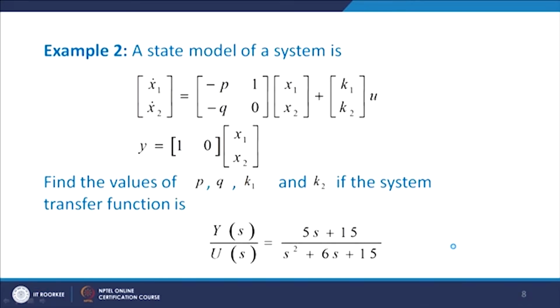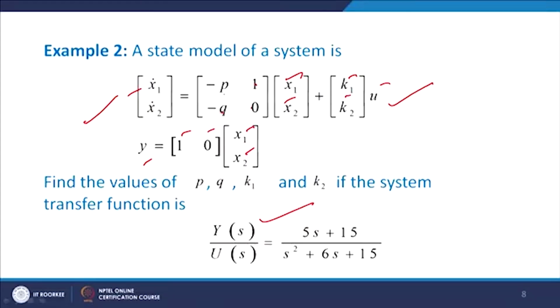Now, we will take another example. Till date, what we have done is we have taken a particular state space model, and from this we have got some transfer functions. Now, here the transfer function model is given, and the state space model is also given, but there are some unknowns. In this example 2, x1 dot, x2 dot equals the matrix minus p, 1, minus q, 0 times x1, x2, plus k1, k2 times u, and y equals 1 0 times x1, x2.